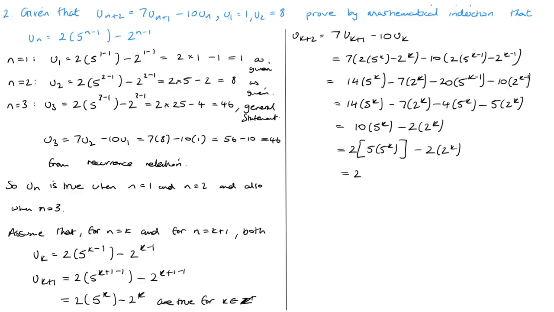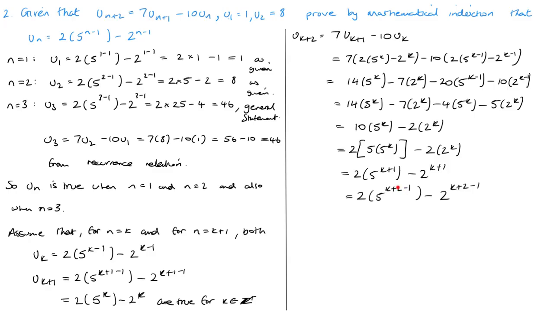Now 5 times 5 to the k is 5 to the k plus 1, and 2 times 2 to the k is 2 to the k plus 1. So now we've got it basically in this form, but I want to change that n to a k plus 2. And that's what we have here. So this is equivalent to 5 to the k plus 2 minus 1, minus 2 to the k plus 2 minus 1.